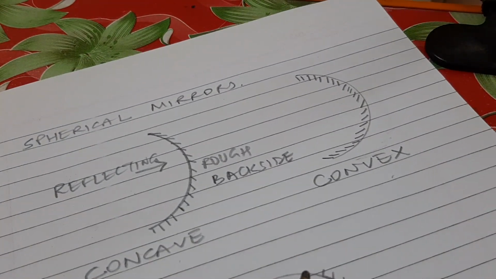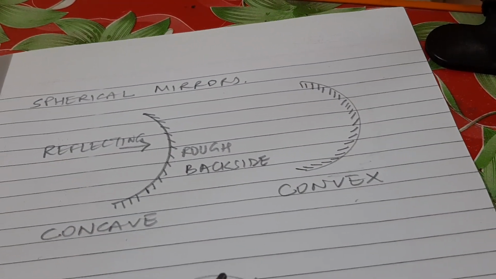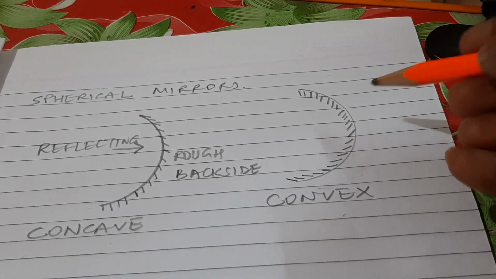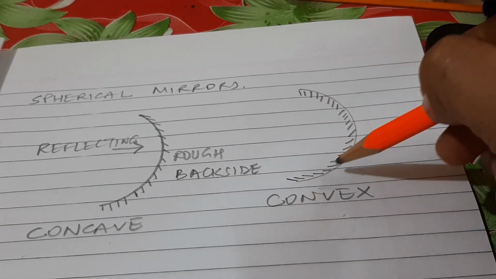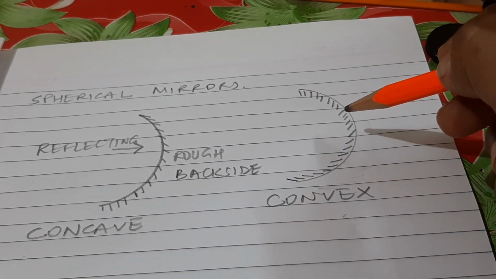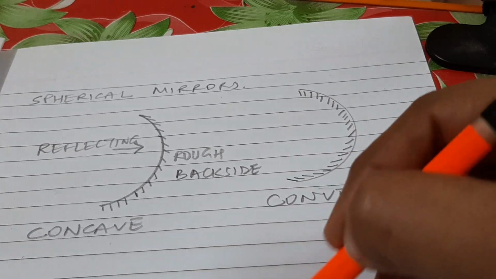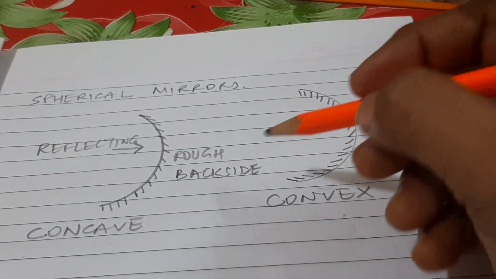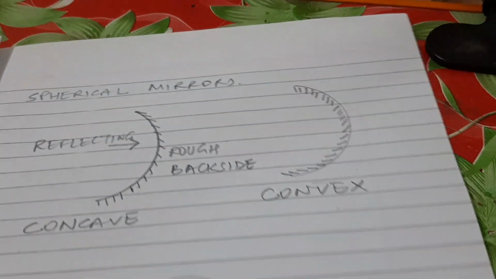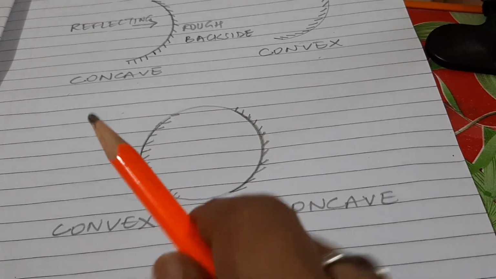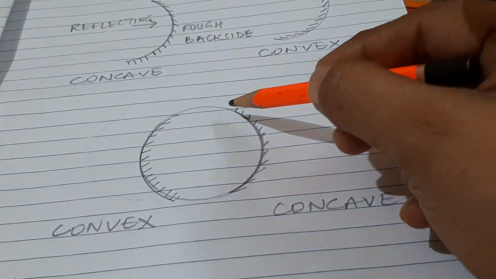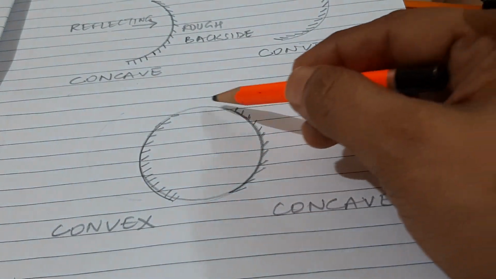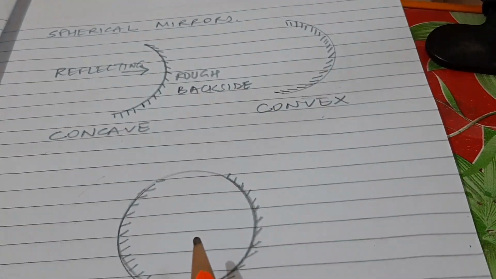Similarly, in this second figure, we can see a convex mirror. Again, the convex mirror is part of a spherical glass, like we have seen here in this image. So a convex mirror or a concave mirror is part of a spherical glass.